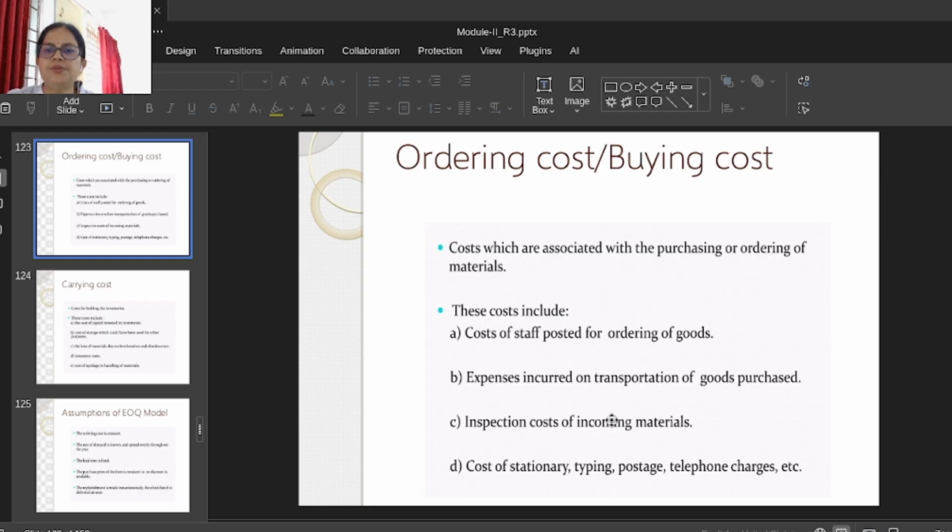These costs include the cost of staff posted for ordering of goods, expenses incurred on transportation of goods purchased, inspection of incoming materials, cost of stationery, typing, postage, telephone charges, etc. So a lot of cost is actually associated with the ordering or buying of the material. That cost is called ordering cost.